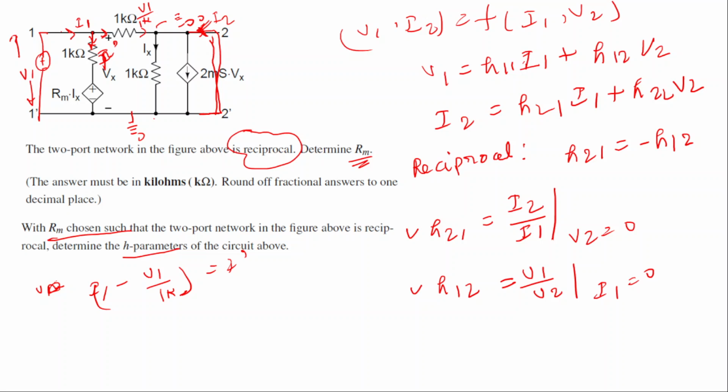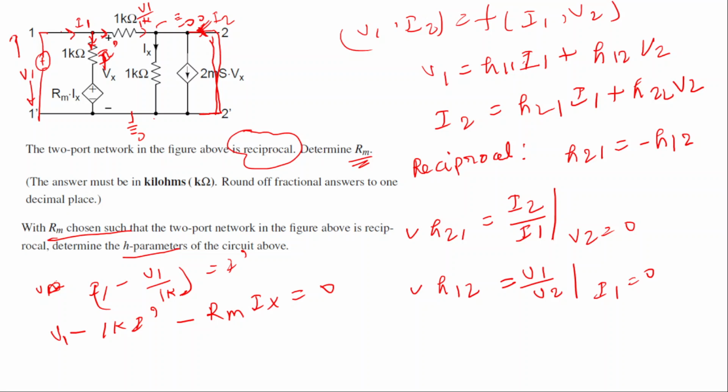Now let's apply the mesh equation in this loop. If we start applying KVL in this loop, it will be V1 minus 1k times I dash minus Rm times Ix equals 0.